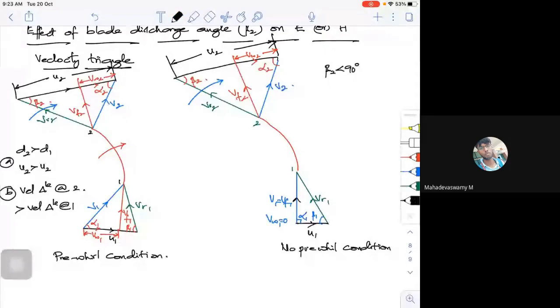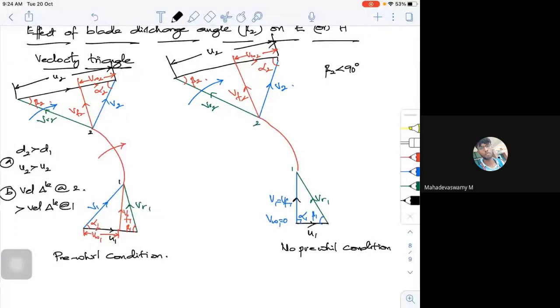I'm going to vary this beta 2 for different conditions. If you closely observe, I can divide it into three classifications. One is beta 2 less than 90 degrees, beta 2 greater than 90 degrees, and beta 2 equal to 90 degrees. I can clearly get my conditions for this particular thing.